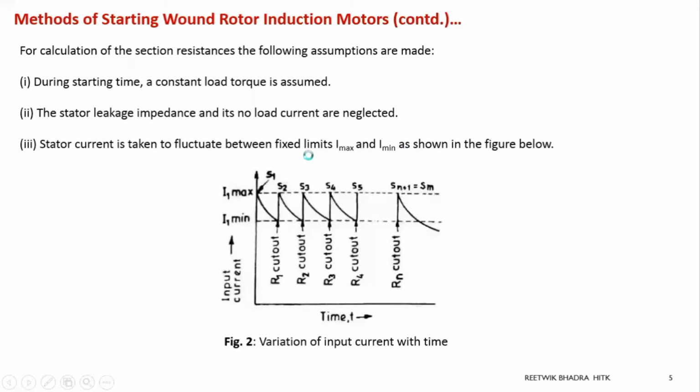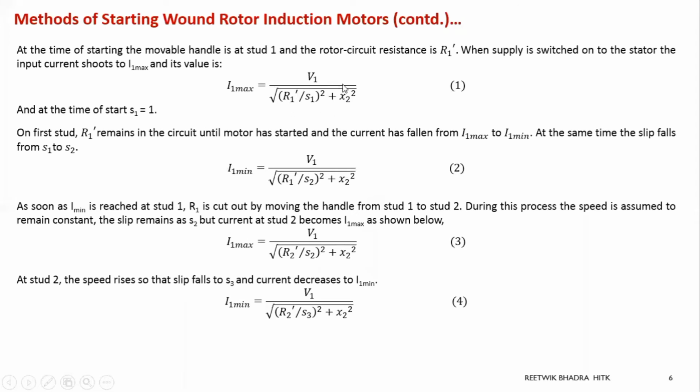Rotor leakage impedance they have considered over here. So stator leakage impedance is neglected, and no load current is neglected. So there is no XM and RC. There is no X1, nor XM, nor RC. Rotor impedance is considered, and they have considered the current flowing through this using this X2 also.